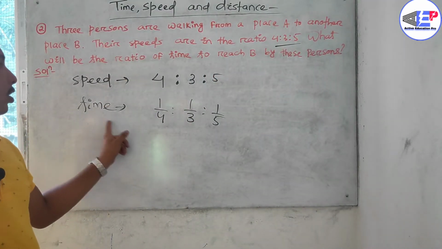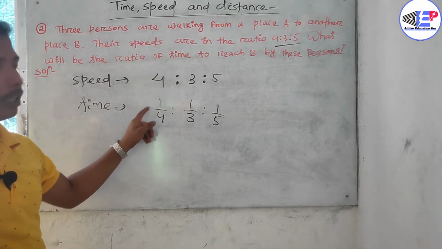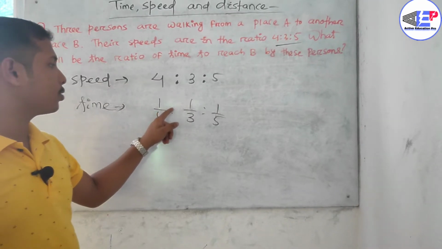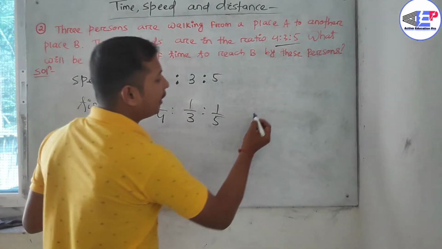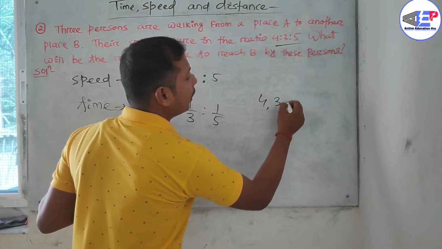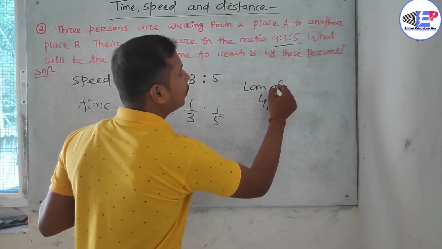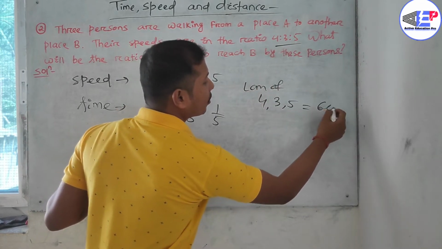So the ratio of their time will be the reverse of their speeds, that is 1/4:1/3:1/5. Now take the LCM of 4, 3 and 5. The LCM of 4, 3, 5 will be equal to 60.